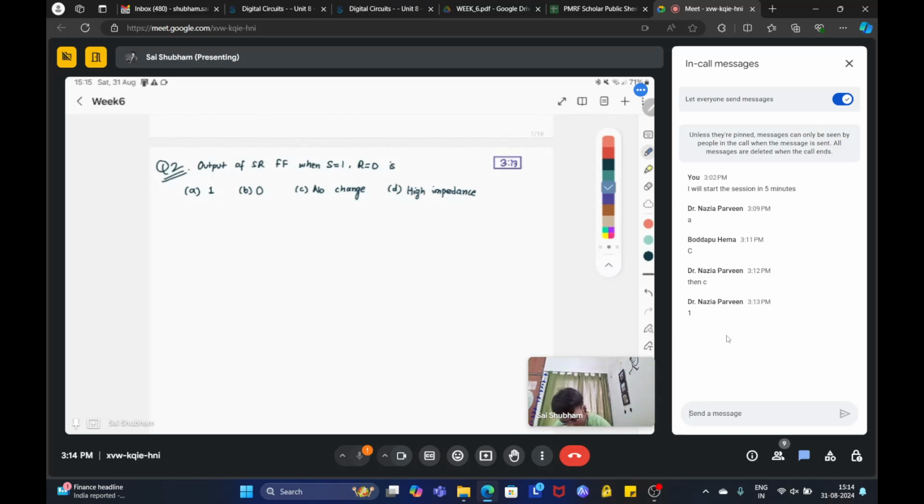Let's make an SR flip-flop. In this case, S is 1 and R is 0.